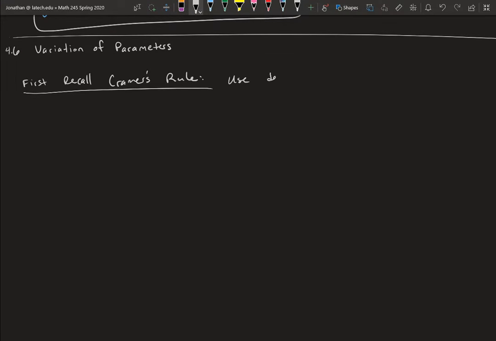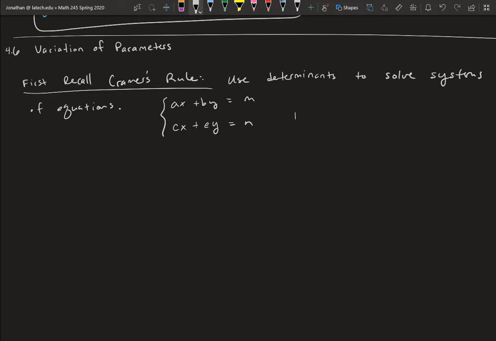So we use determinants to solve systems of equations. And the system of equations could be something like ax plus by equals m, and the next equation, cx plus dy equals n.